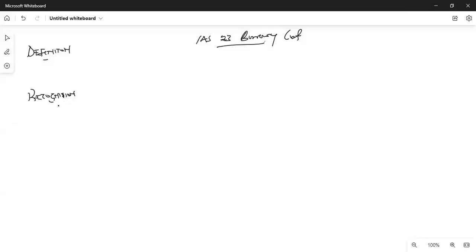Here, in terms of recognition, we are going to consider commencement of capitalization. And we will be looking at something like suspension of capitalization.